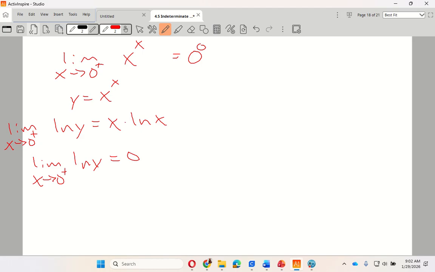Now, because I don't have y, I have ln y now, not y, so I'm going to e both sides. When I e this side, I now get rid of my ln. So now I have the limit as x approaches 0 from the right of my function y equals e to the 0.